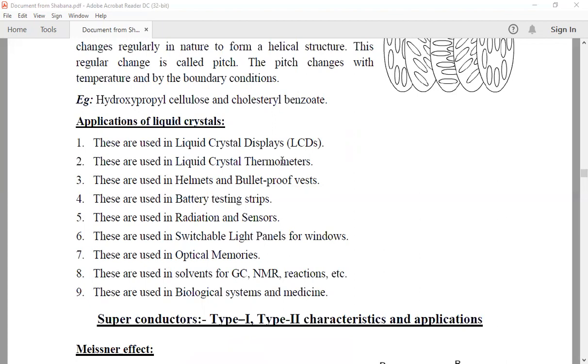In a typical device, the liquid crystal layer sits between two polarizers that are crossed, that is, oriented at an angle of 90 degrees to one another.